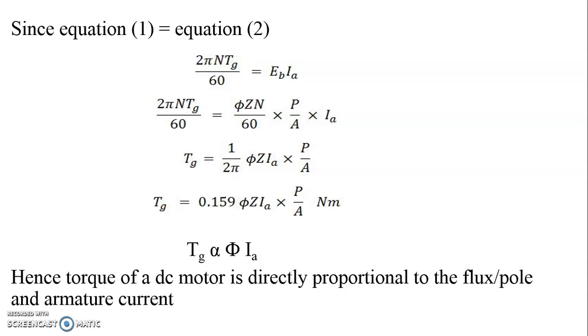Since equation 1 equals equation 2, after simplifying we get the torque of the motor equal to 0.159 phi into Z Ia into P by A, expressed in newton meter. So here Tg is directly proportional to phi into Ia. Hence the torque of the DC motor is directly proportional to the flux per pole and armature current.